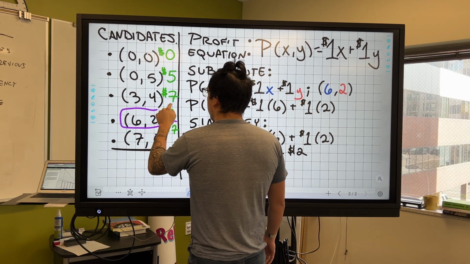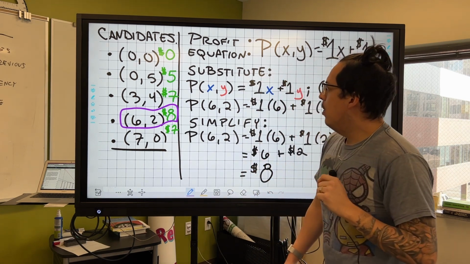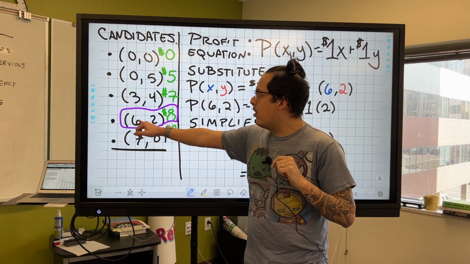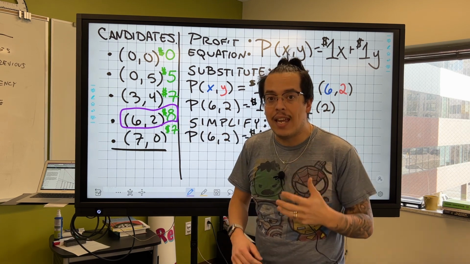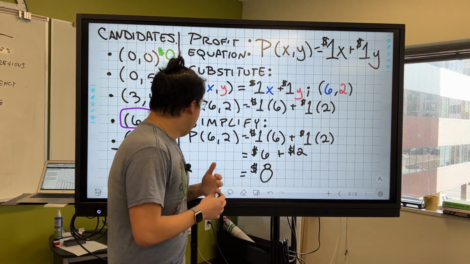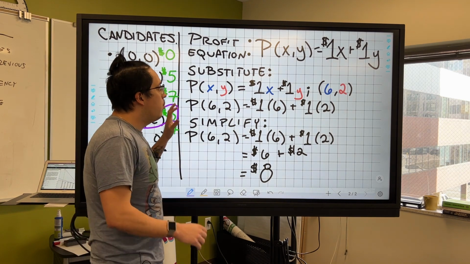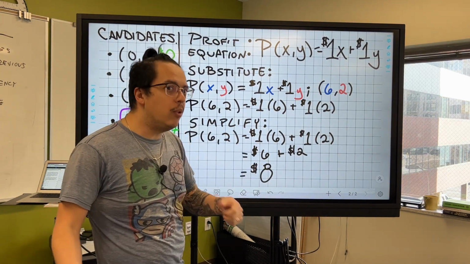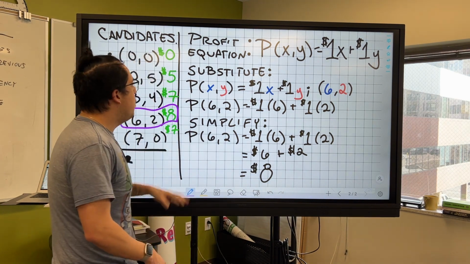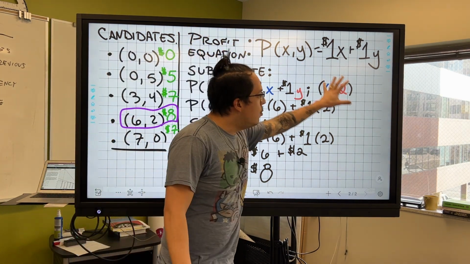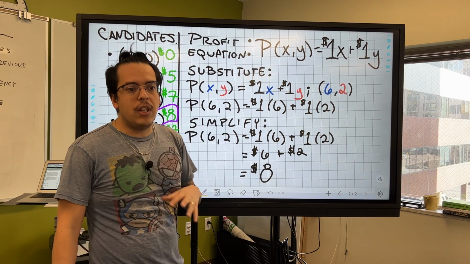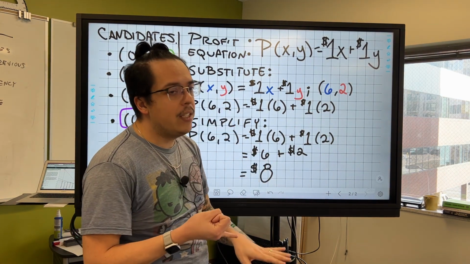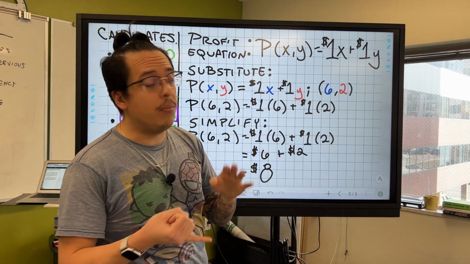Just like we saw when we worked out the whole problem, the maximum profit occurs when we make 6 cars and 2 trucks, and that profit is $8. And with our profit equation, formulation, construction, whatever, we were able to do all of that work that we were taking a lot of time with before when we tested a lot of combinations in our mind or on paper.